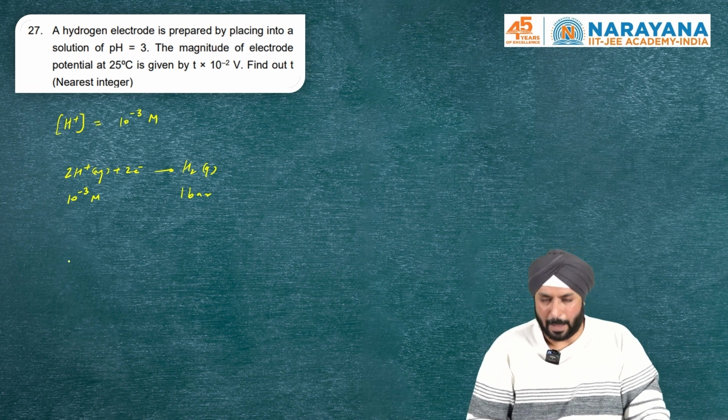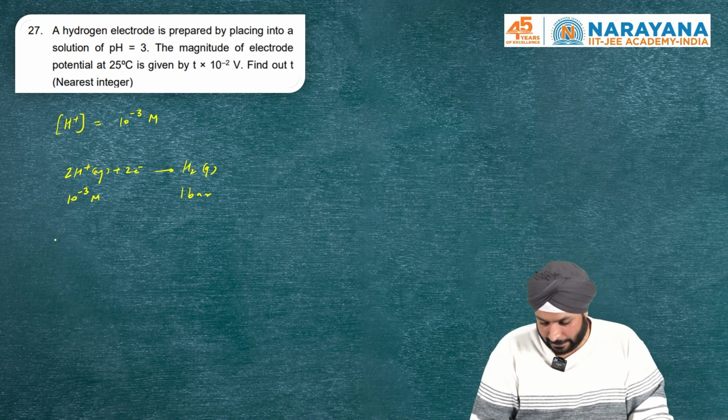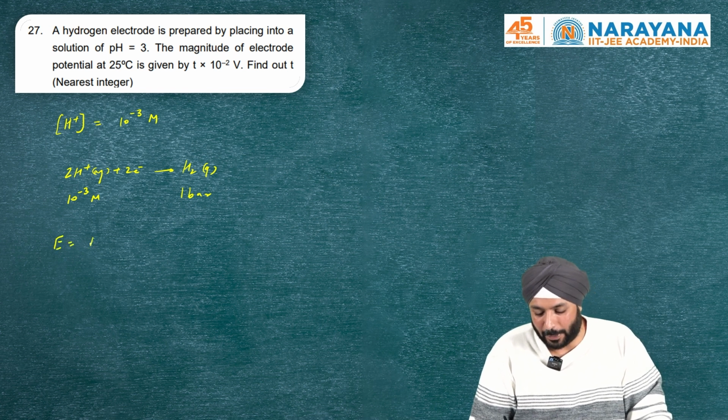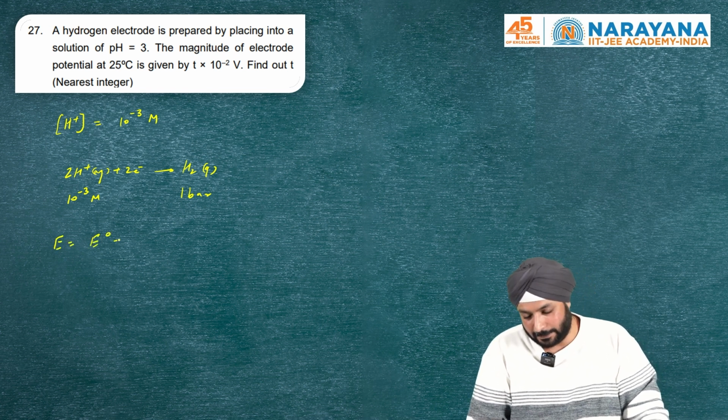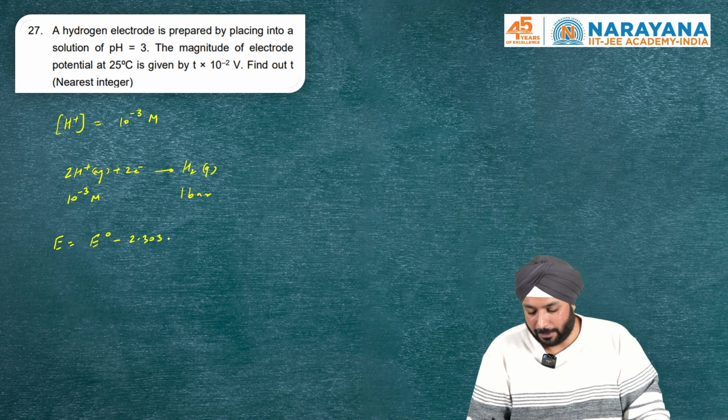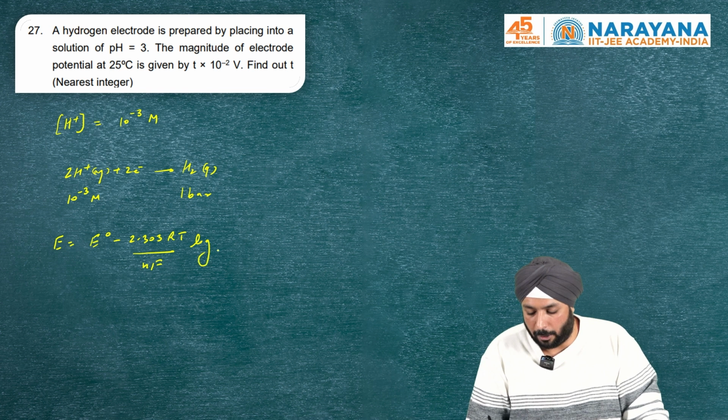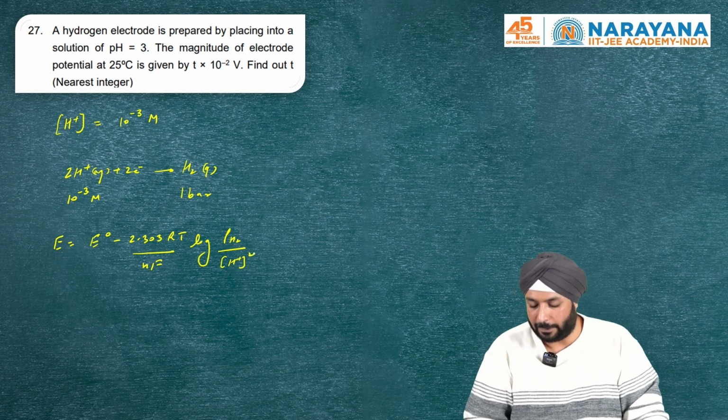Now here, apply the Nernst equation. That is E is equal to E naught minus 2.303 RT by nF log of product by reactant. This is the partial pressure of hydrogen divided by concentration of H plus whole square.